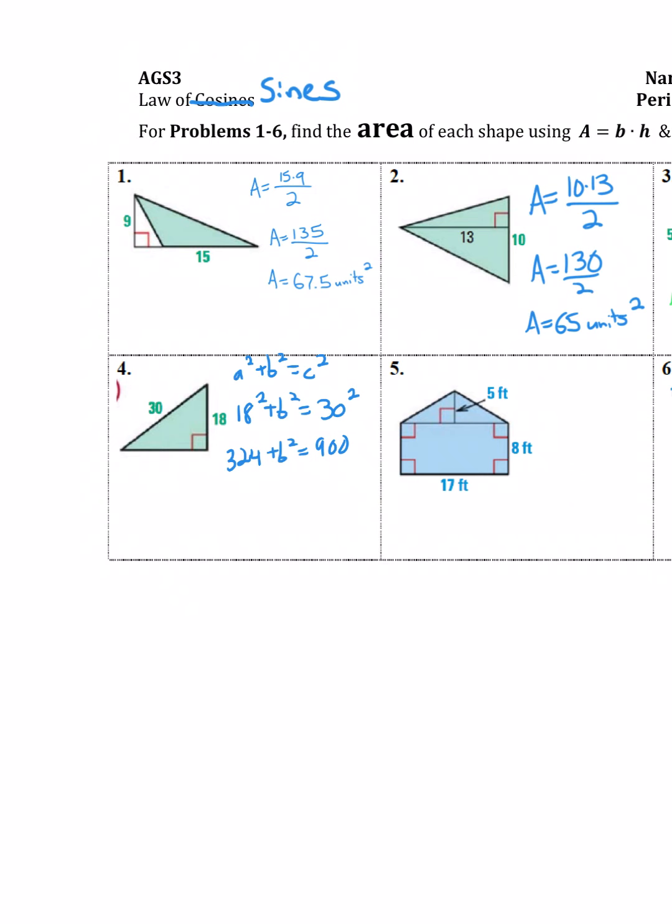Then I subtract 324 from both sides, and I get b squared is 576. And then I square root both sides, I get b equals 24. So the area of this triangle is 18 times 24 divided by 2. And I end up getting area as 216 units squared.